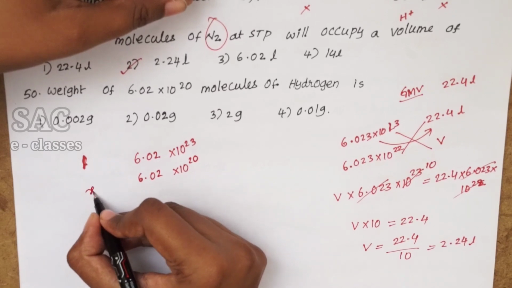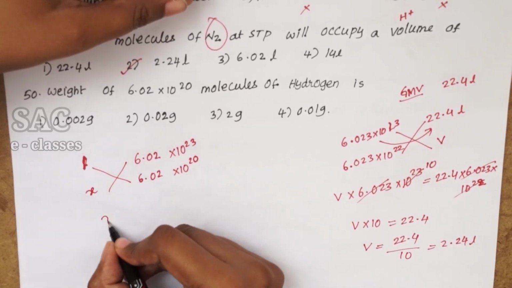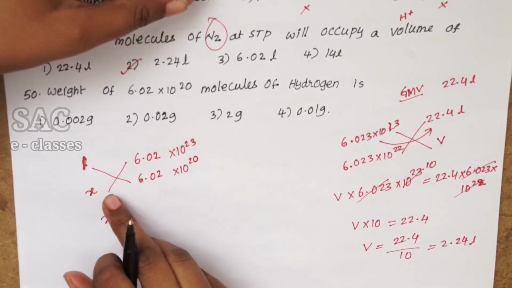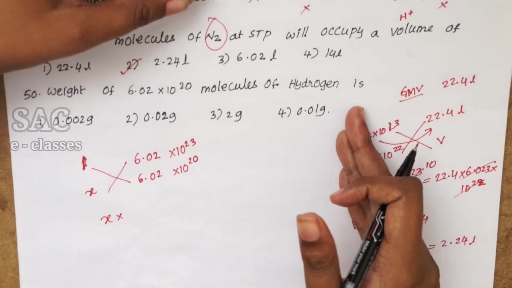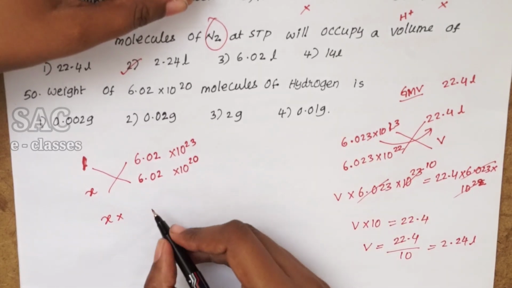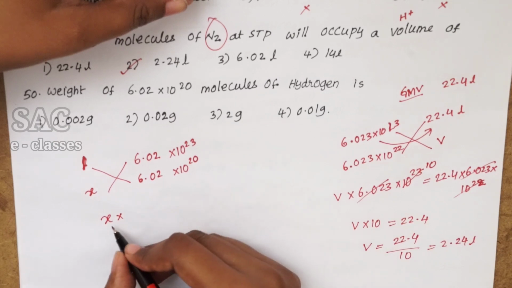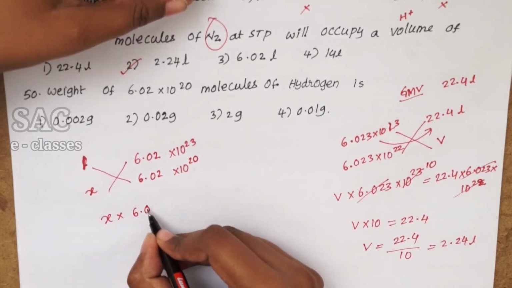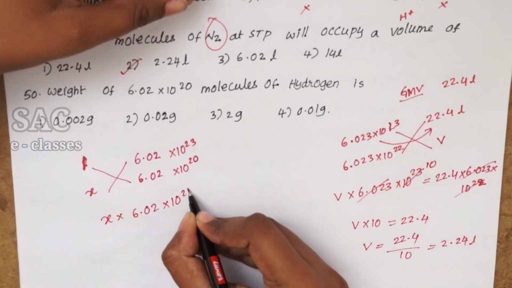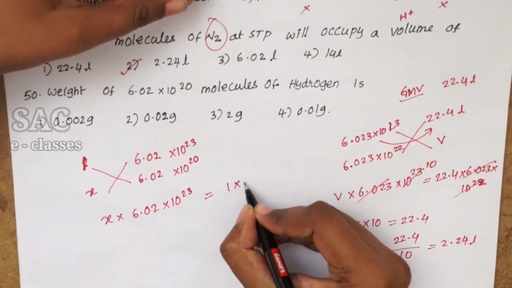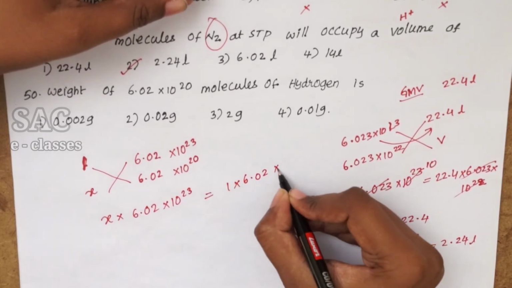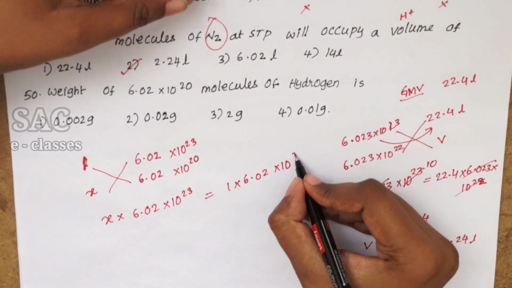Let's find out how many moles. If you know how many moles, you can find out how many grams of hydrogen are present. X into 6.02 into 10 to the power of 23 is equal to 1 into 6.02 into 10 to the power of 20.